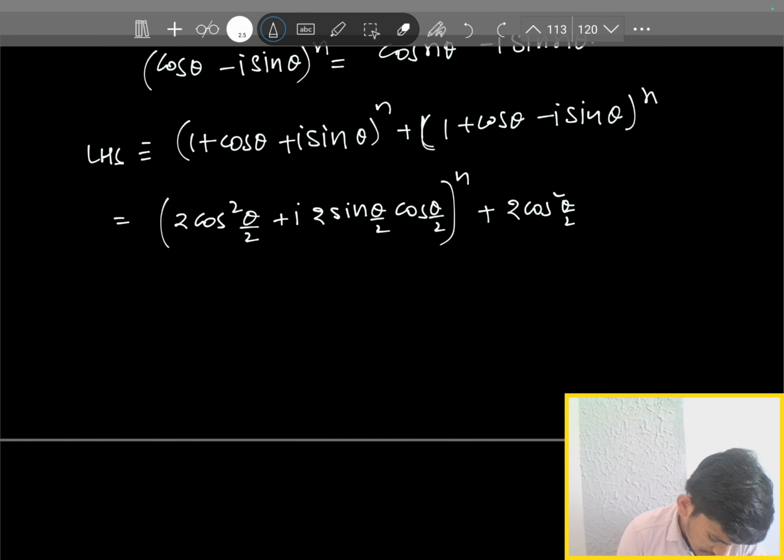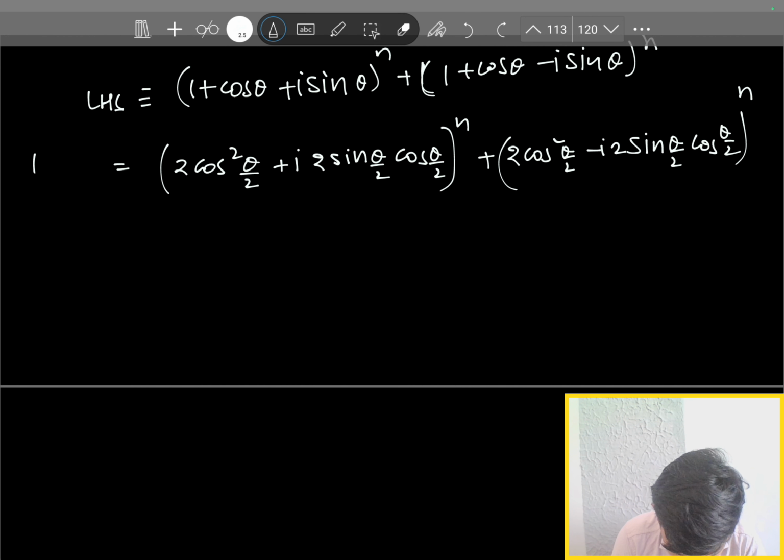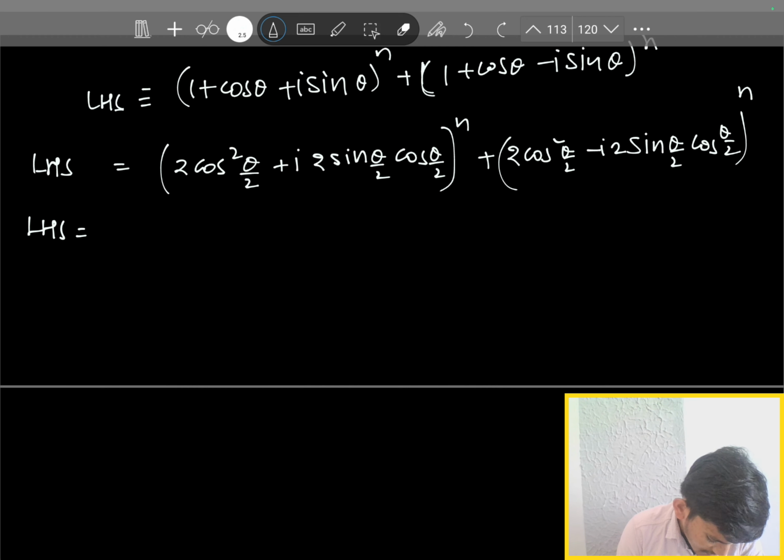Plus 2 times cos square theta by 2 minus i into 2 times sin theta by 2 and cos theta by 2, whole power n. This is our left hand side.